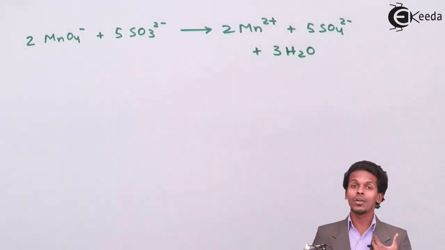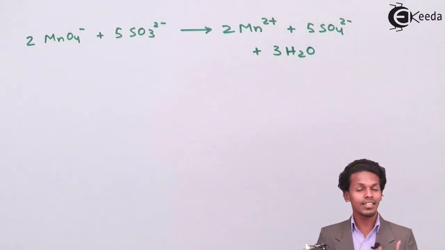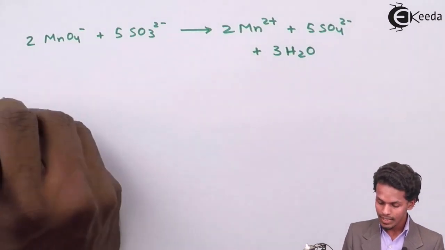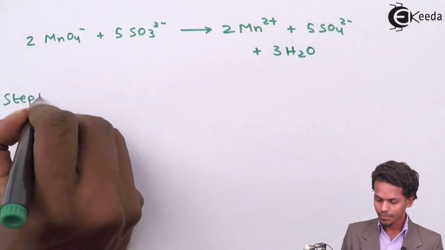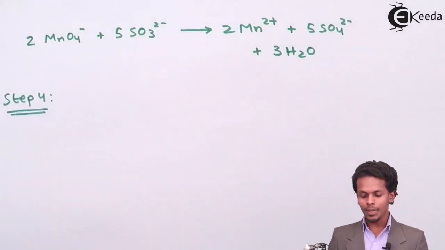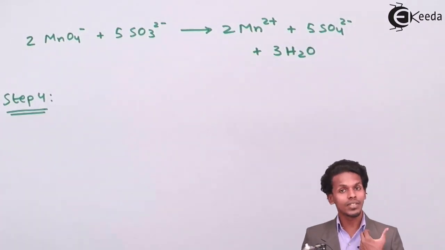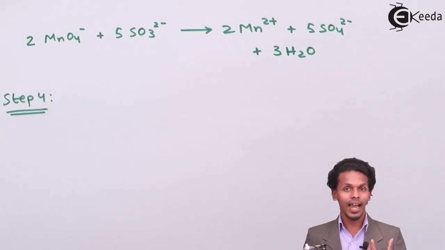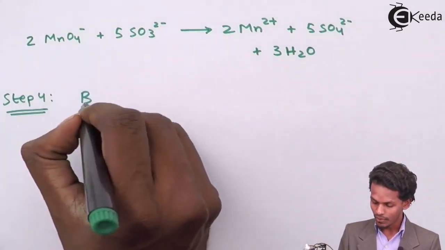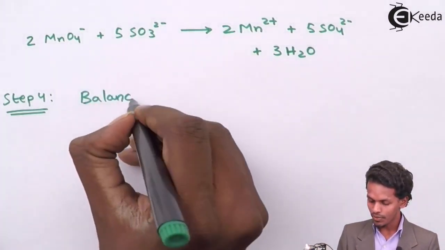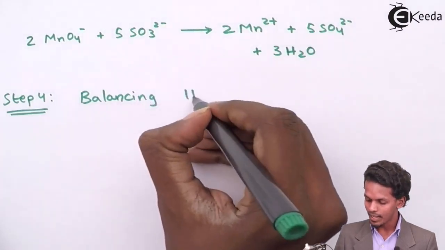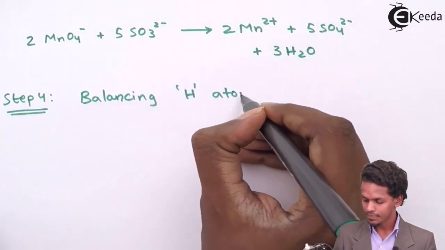That's why we have included a next step, step number 4. I have named step number 4 as addition of hydrogen, or I could say balancing hydrogen atoms. So step number 4 will be balancing hydrogen atoms.